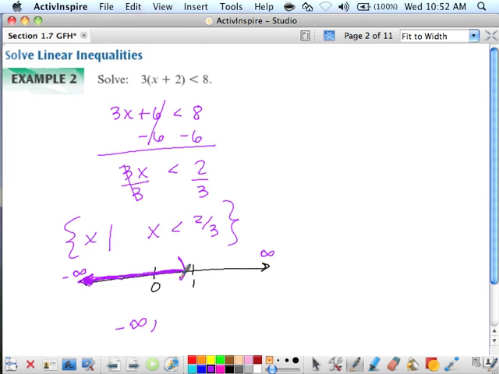What number was that? 2/3. And we know that 2/3 gets a parenthesis because it did not have a line underneath the less than sign that came right before it. And infinity and negative infinity always get parentheses because you can never actually reach them or equal them. And that's our first example.